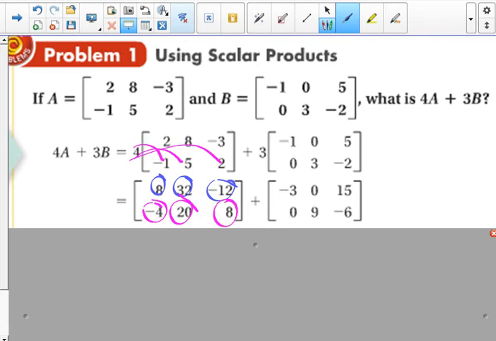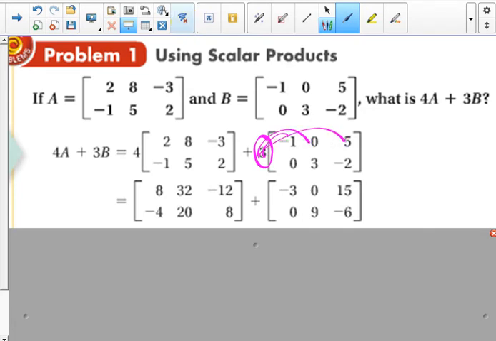Make sure you stay with your corresponding element locations, okay? And then we do the same thing for the next matrix, except we multiply everything by 3. So -3, 0, 15, and then 0, 9, -6. Any questions so far?